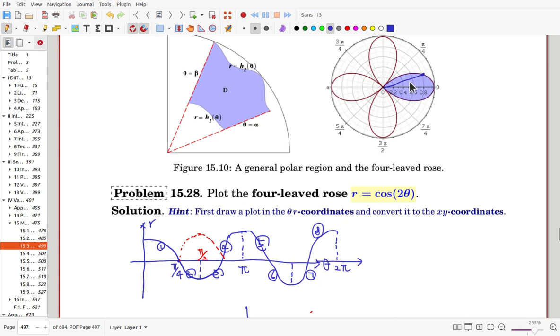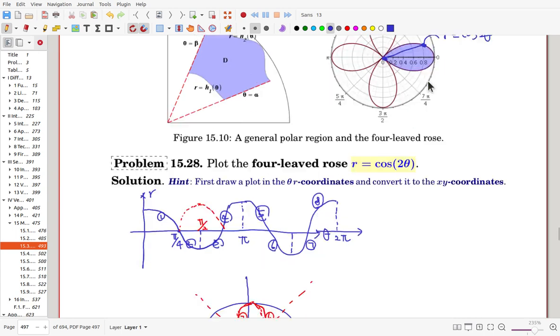But at this point, for each angle, that one will be now R equal cosine 2 theta, right? So its beginning is 0, and that is the end point of R for a given angle, right? Okay.